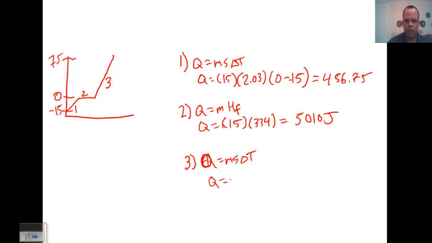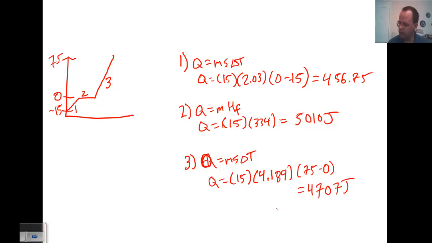This last one, Q equals 15, specific heat for water, we already know, 4.184. And now the change in temperature is going to be final, 75, initial 0. So 15 times 4.184 times 75. 4,707 joules.